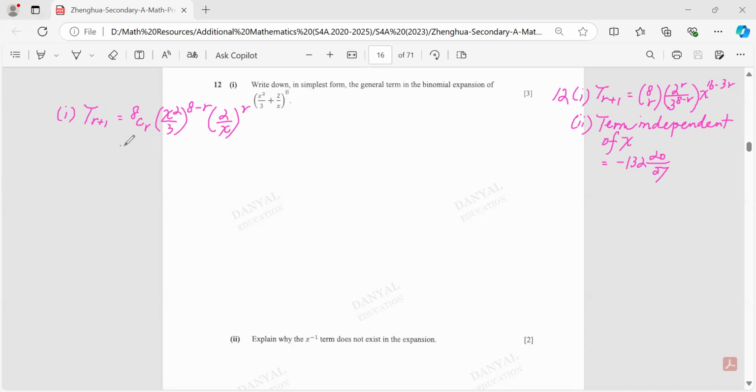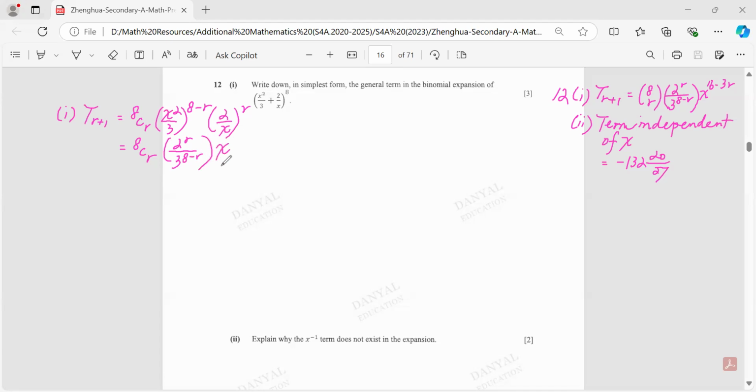So now we want to group all the numeric terms together. So we have basically 2 to the power r over 3 to the power of 8 minus r.